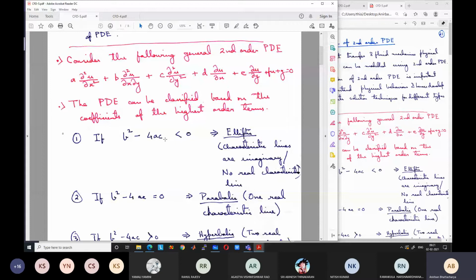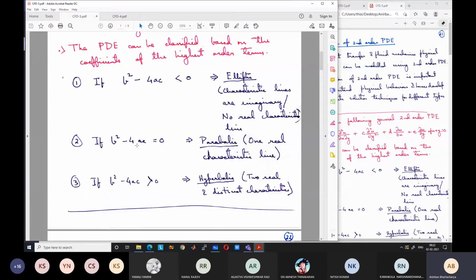That's why this type of term comes, as square root of b square minus 4ac, like minus b plus or minus square root of b square minus 4ac by 2a. This type of term comes like in a normal quadratic equation.